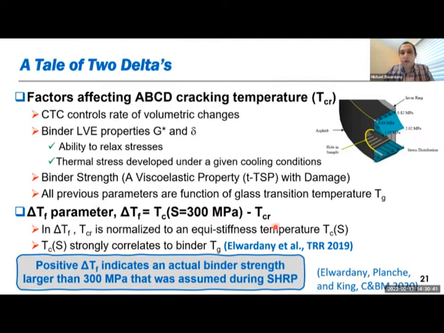It actually fails at lower temperatures, and therefore it failed at higher stress values, or it has higher strength, basically. So positive delta TF means higher strength, and it is also a function of CTC and TG of the binder.